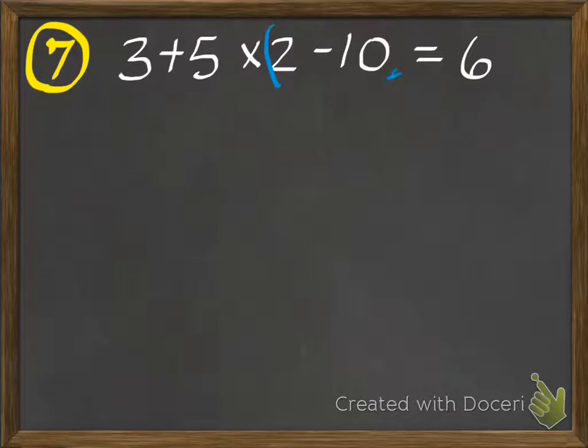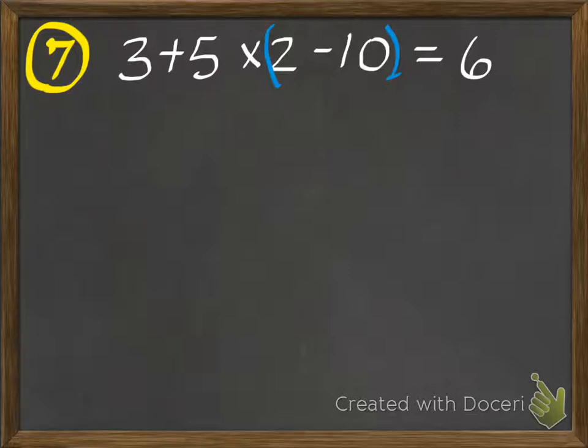Now the only other place I could have put those parentheses is right here. Times 2 minus 10. And we know that we can't take a larger number from a smaller number, like 2 minus 10. If I had 2 cookies, I couldn't take away 10 of them. In actuality, you'll learn that you can do that, but we haven't talked about negative numbers.